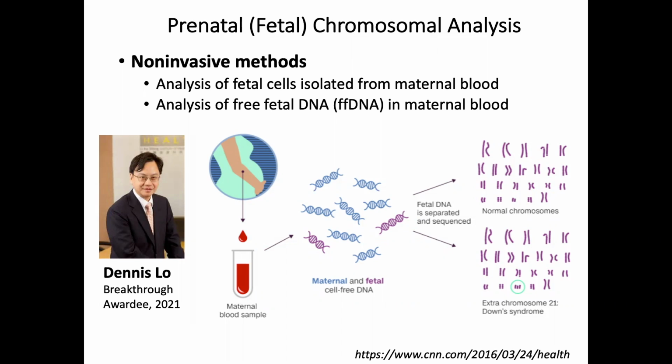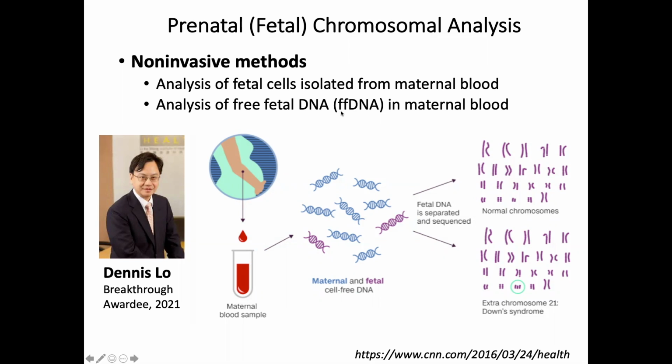The previous two methods are invasive and may carry a risk of inducing miscarriage in pregnant women. In 1997, the scientist Dennis Lo discovered fragments of fetal DNA in the mother's circulation, called cell-free fetal DNA, also known as cffDNA.